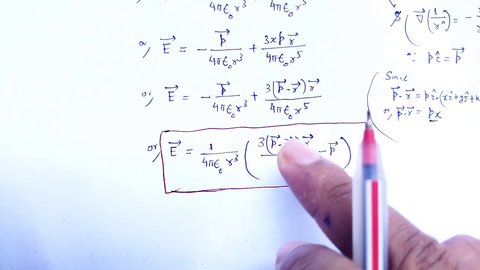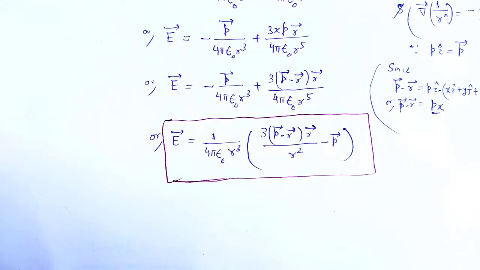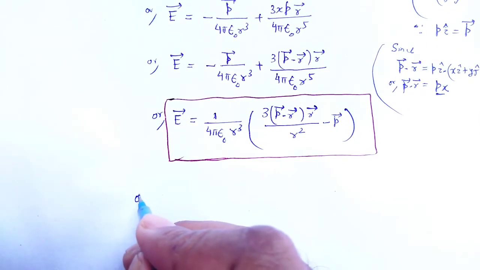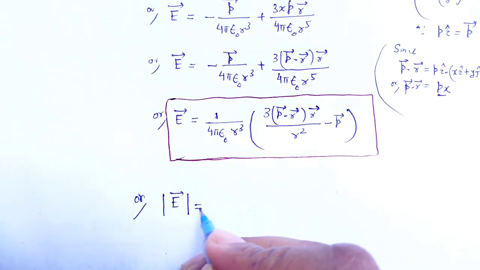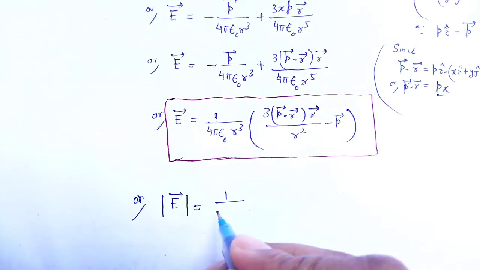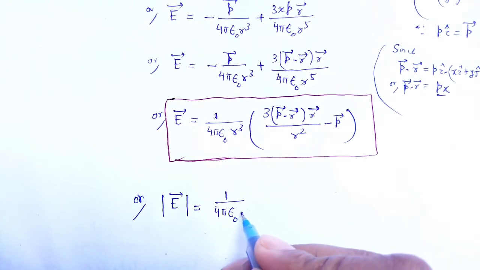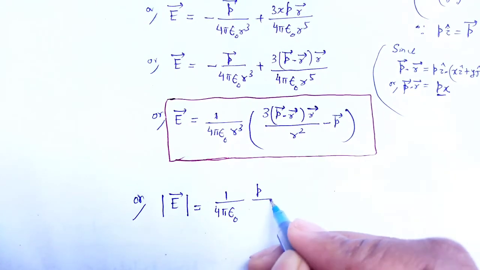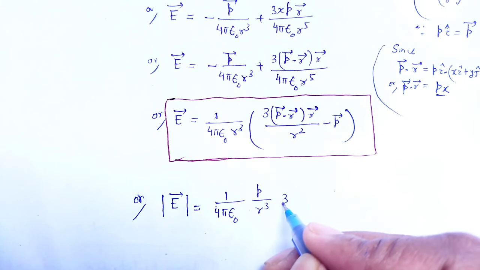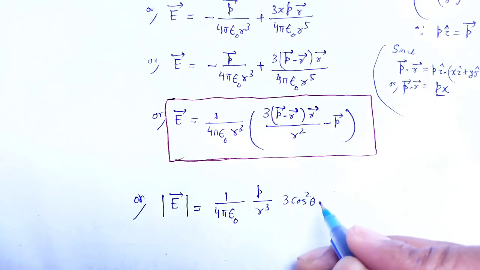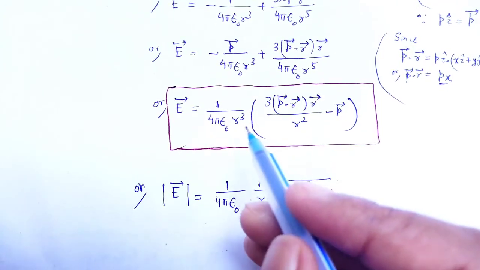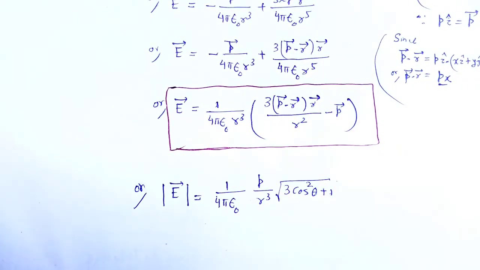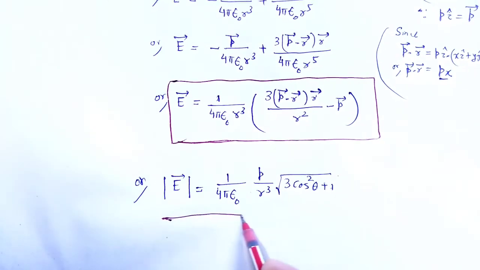But when we calculate its magnitude, it will be 1 by 4 pi epsilon naught p divided by r cubed, square root of 3 cos squared theta plus 1. Under simplification of that vector, we can find out that much.